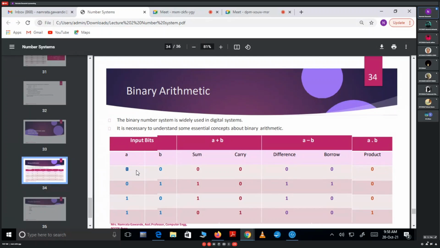For 1 bit, you can only perform complement. But for addition and subtraction, as in any program, minimum 2 numbers are required. So here 2 bits are taken.